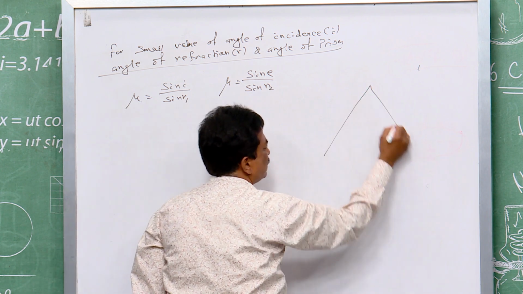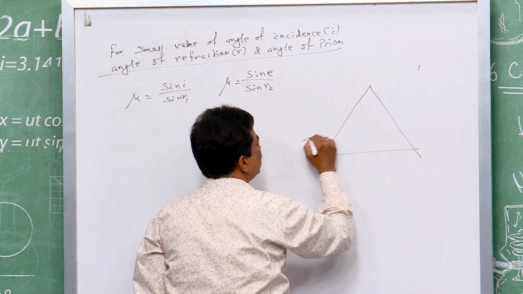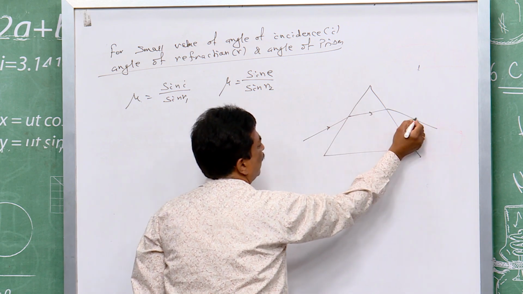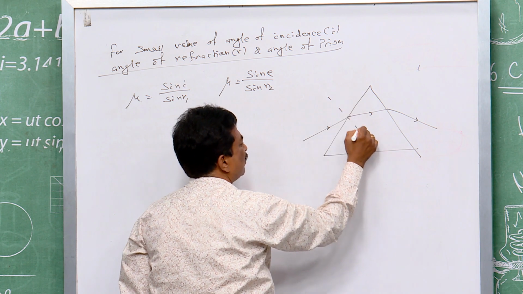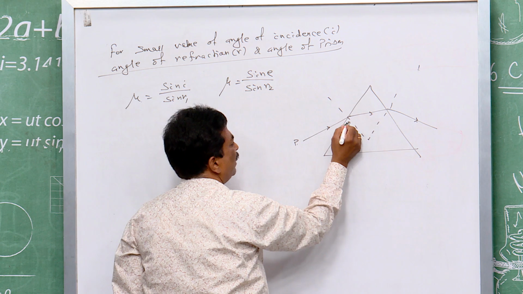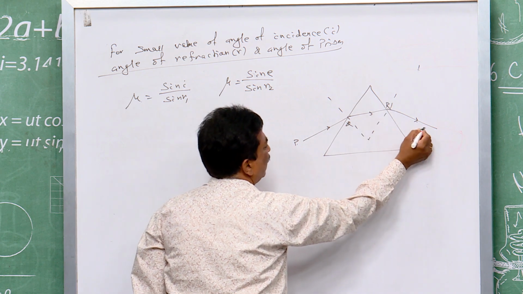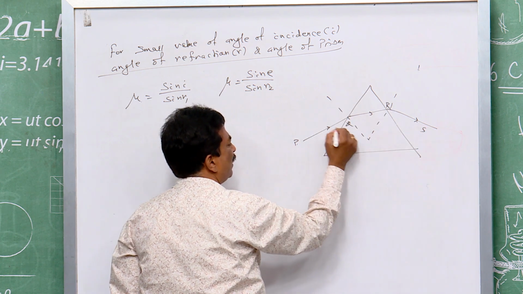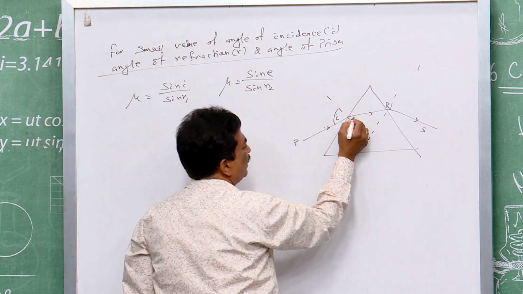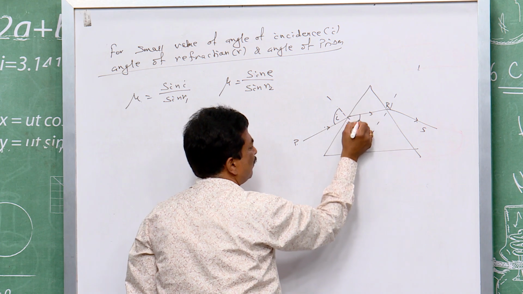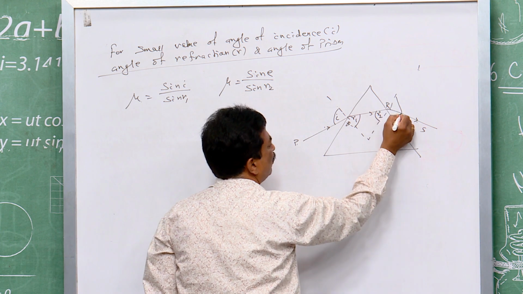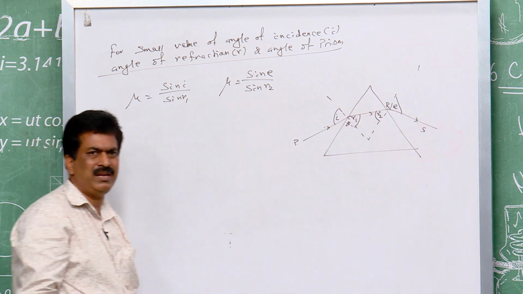As this is the prism, this is the incident, refracted, emergent, incident, refracted, emergent, and this is the normal, this is the normal, as we have given P, Q, R, S. This is the incident ray, this is the angle of incidence i, this is the refracted ray with angle r1, this we have taken as r2, and this angle is equal to e.